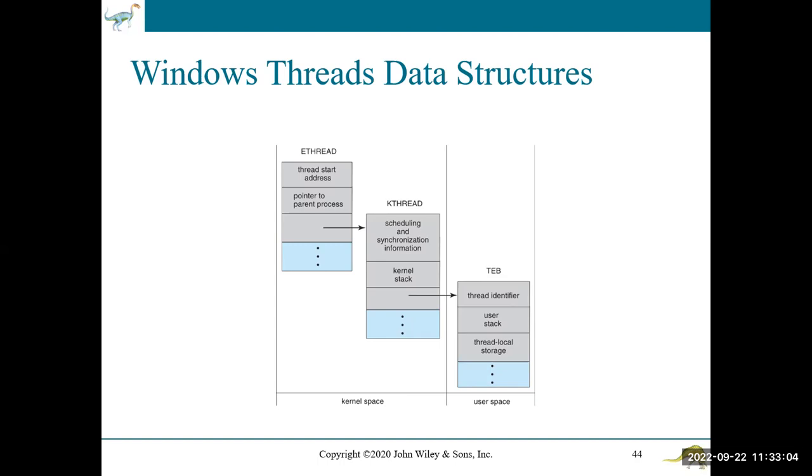Any questions about what we're looking at? So essentially, the executive and kernel threads are in the kernel space in terms of memory, and the TEB is in user space.